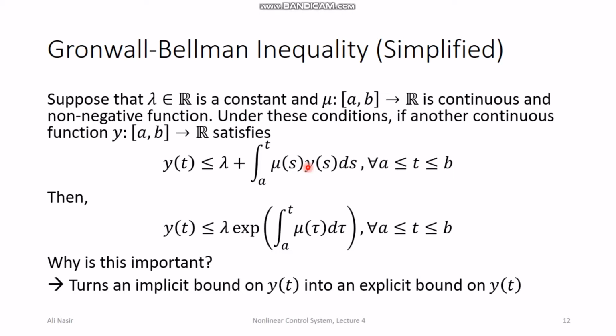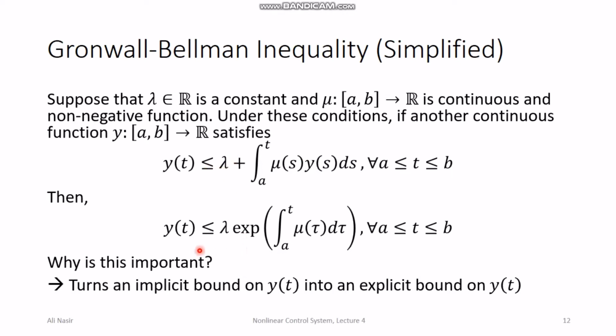In detail, y of t is less than or equal to some constant times the integral of the product of y and mu, and there is a function which has an upper bound, but the upper bound depends upon the function itself, so it's very difficult to use this upper bound in any way. But Gronwall and Bellman proved that if this is true, then this implies this.